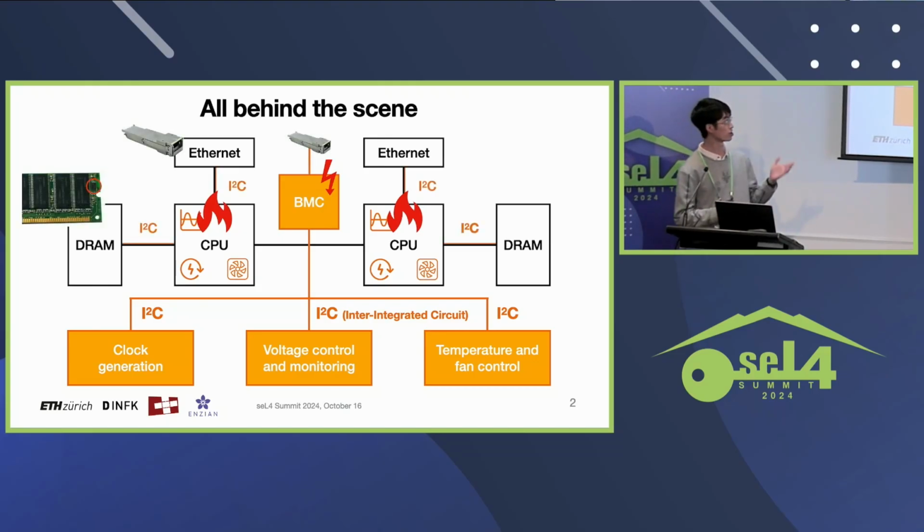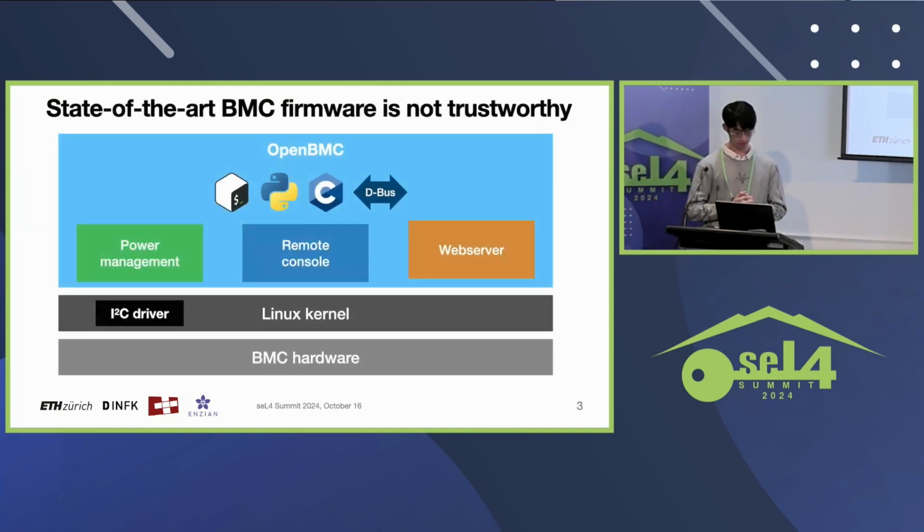It's also in your DRAM and Ethernet. Oh, by the way, speaking of Ethernet, your BMC also has an Ethernet because people want this server to be remotely manageable. Well, I guess that's a pretty large attack surface. And yes, this is the critical piece that manages your server behind the scenes and how it is built nowadays.